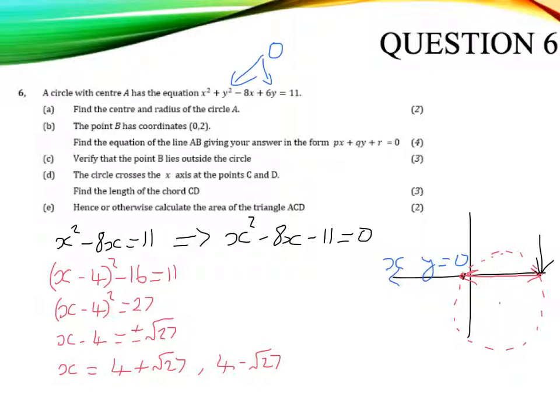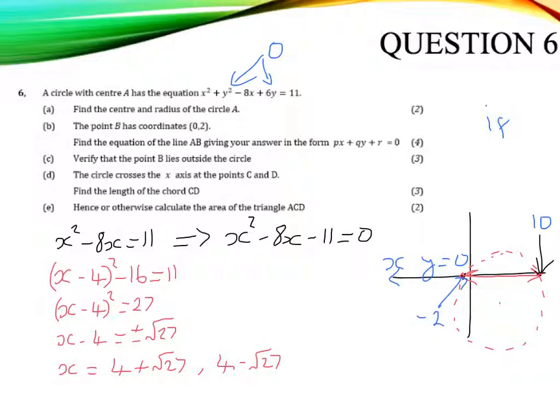Now, it makes it a little bit harder because these are in surd form. So let's just see if we can work out what would have happened if this point here was, let's say, 10, and this point down here was in fact minus 2.